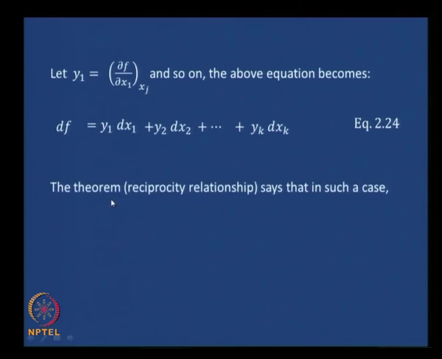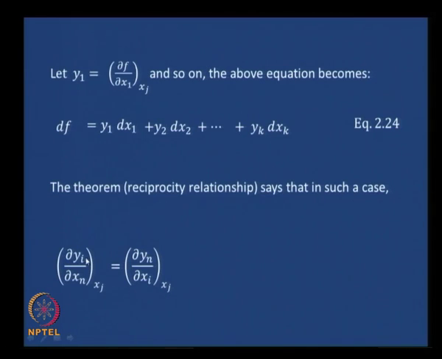The theorem that was mentioned initially, which is also known as the reciprocity relationship, says that when you can write df as y1 dx1 plus y2 dx2 and so on till yk dxk, dou yi by dou xn at constant xj equals dou yn by dou xi at all other xj's remaining constant.